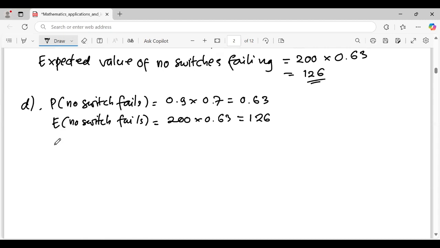Next, we're going to find the probability one switch fails.